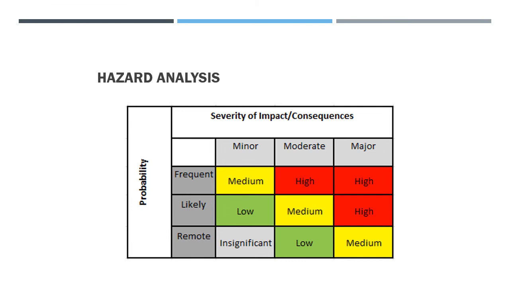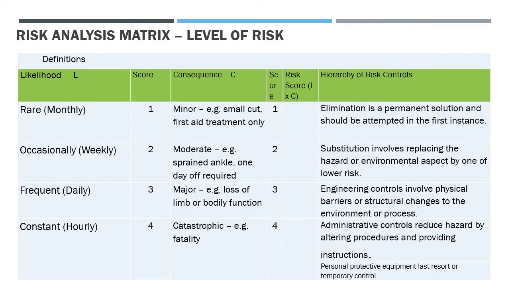We analyze by considering the probability and the severity of the consequences. The definition of the matrix: likelihood has scores 1, 2, 3, 4, from monthly, score 1, to occasionally, weekly, up to constantly, hourly.